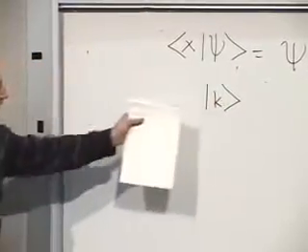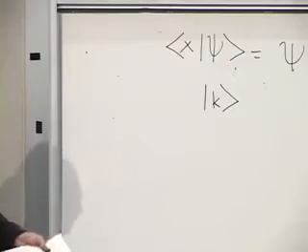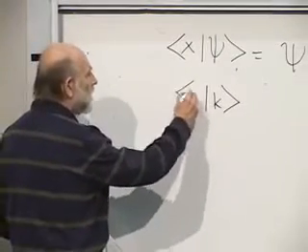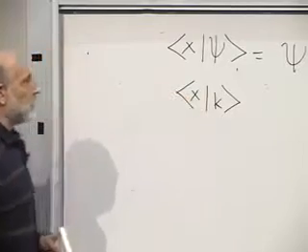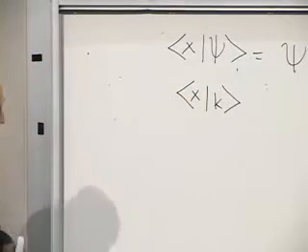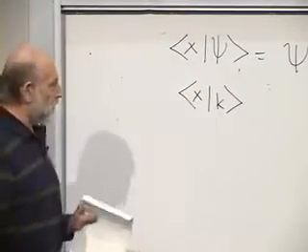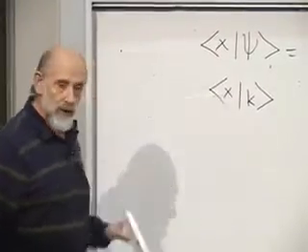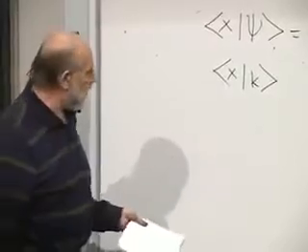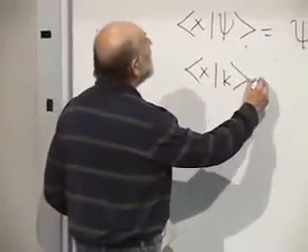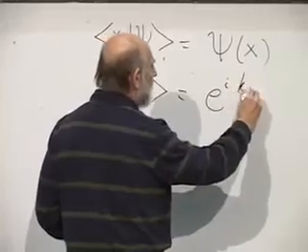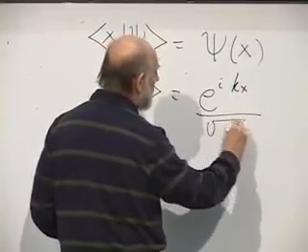This is a definite state vector describing a particle with momentum k, and I'm interested in its inner product with a particle of position x. It's the wave function of the particle with momentum k. It's the wave function of that state. All right? What is that? That is just e to the i k x over the square root of 2 pi.